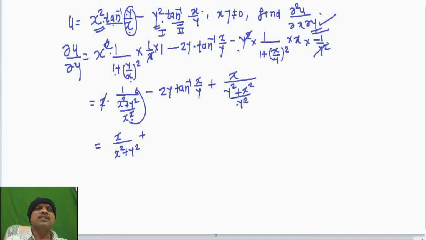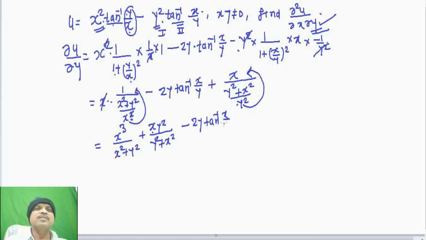Here this x square will go into the numerator and we get x into x square, that is x cube. So here we get x y square and here y square plus x square, and this term will be as it is, 2y into tan inverse of x divided by y.